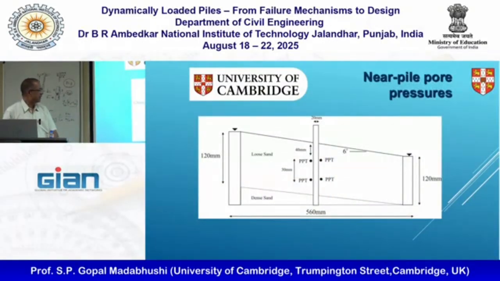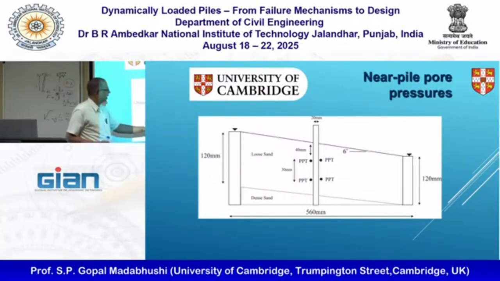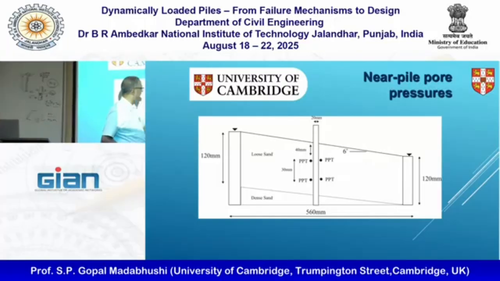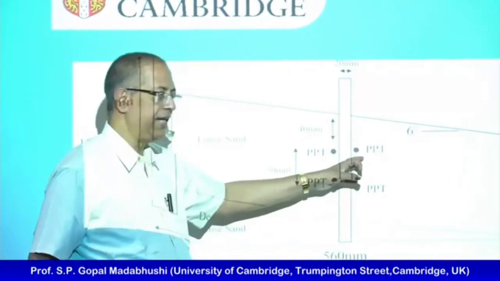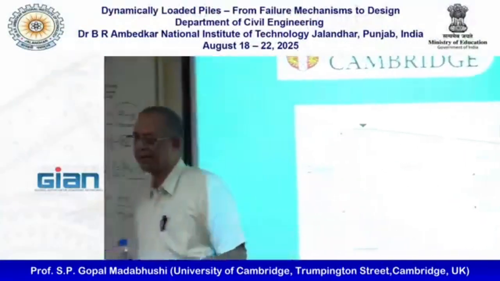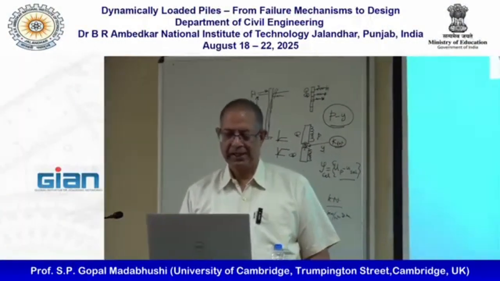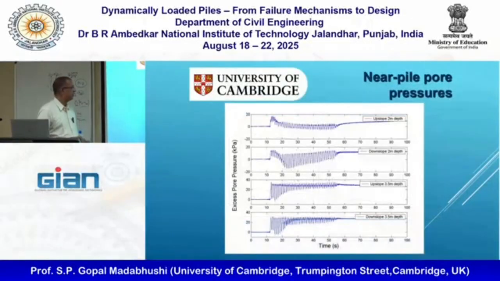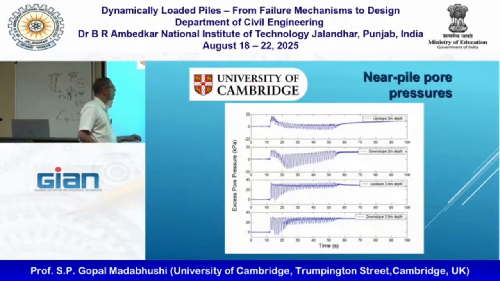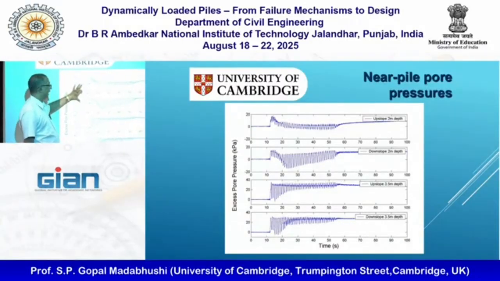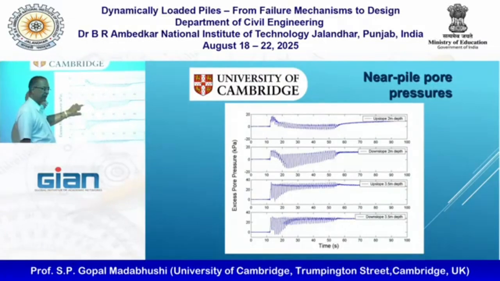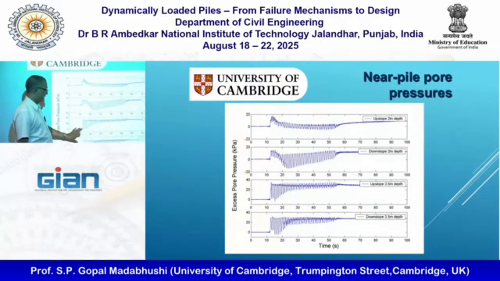Okay, so let's first look at the pore pressures on either side of the pile. So we have upslope at one depth, this 40 millimeter depth and 70 millimeter depth, and also at the same location on the downslope side of the pile. So you can see that these two are at the same depth, upslope and downslope, and these two are at the same 3.5 meter depth, prototype scale, upslope and downslope.